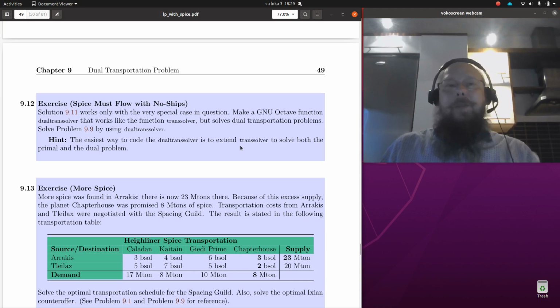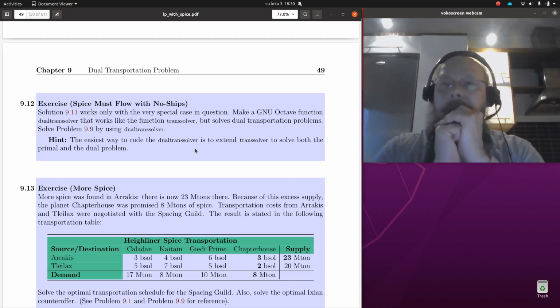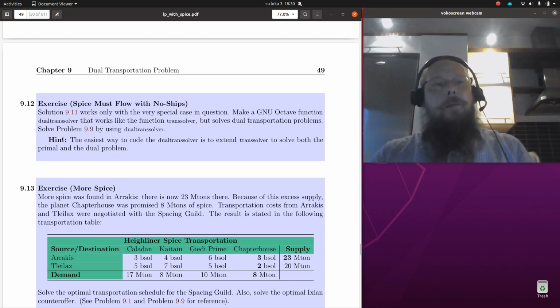This shouldn't be too difficult. You probably have to split the shadow prices into the U's and V's. Remember that the shadow prices of the primal transsolver, the lambdas, will correspond to the dual variables, the U's and V's. And the total cost will be the same, of course. So that's a programming exercise that can be very tedious, but it can be very easy if you understand what this duality is all about.